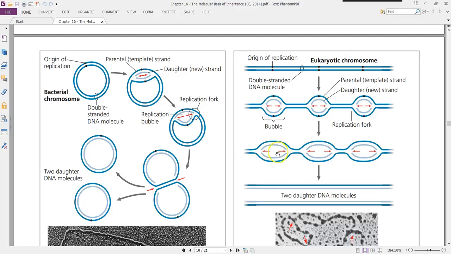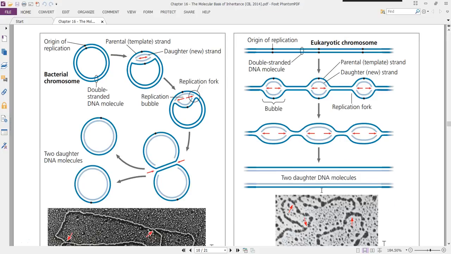As those bubbles widen and the daughter DNA strands are being made, eventually those bubbles meet up and we end up with two daughter molecules, each of which has one parent strand from the original DNA molecule and one daughter strand made up of new DNA, which has been put together by enzymes.